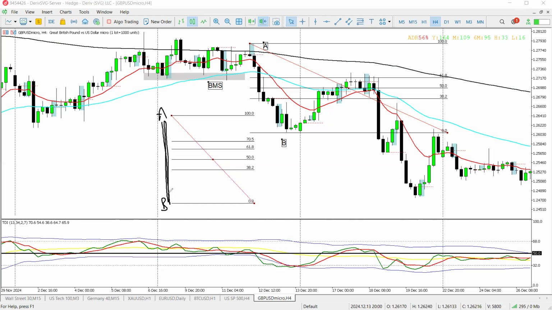So if price retraces to this area, it means we have retraced 38.2%. If we retrace to this area, which is halfway through the first expansion, it means we've retraced 50%, which is halfway. If we retrace into this area, it means we've retraced 61.8%. And if we retrace up until here, you notice we've retraced until 70.5%.